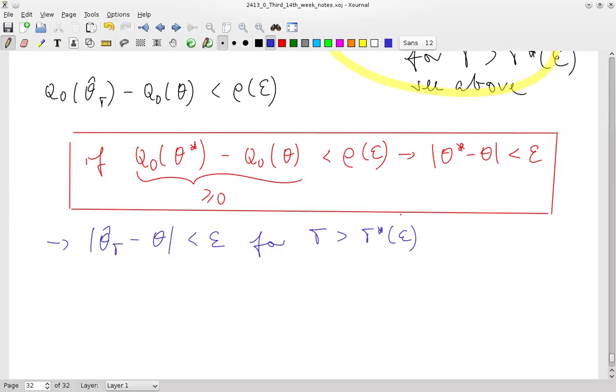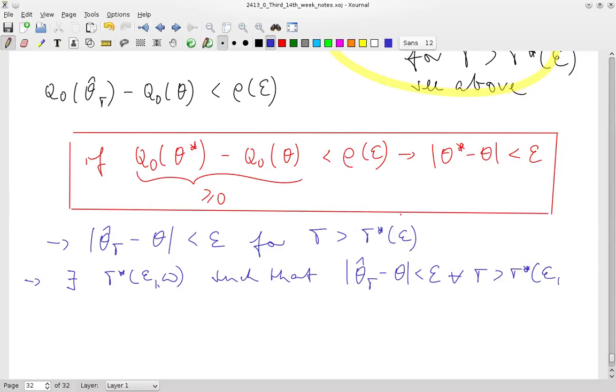Okay? What we essentially can state now is that there exists a t star as a function of the epsilon that we choose, and as a function of the omega, the sample that we draw, such that the difference of the estimate from the true parameter value in absolute terms is less than epsilon for all t which are bigger than this t star cutoff point, which is determined by epsilon and omega.